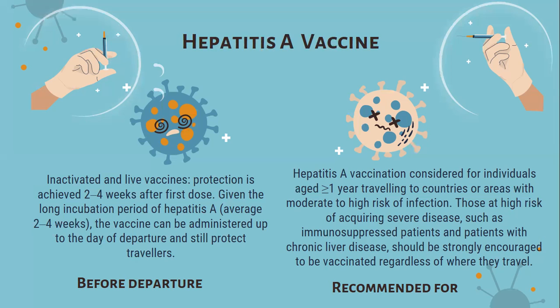And those at high risk of acquiring severe disease, such as immunosuppressed patients and patients with chronic liver disease, should be strongly encouraged to be vaccinated regardless of where they travel. Okay, so next please.